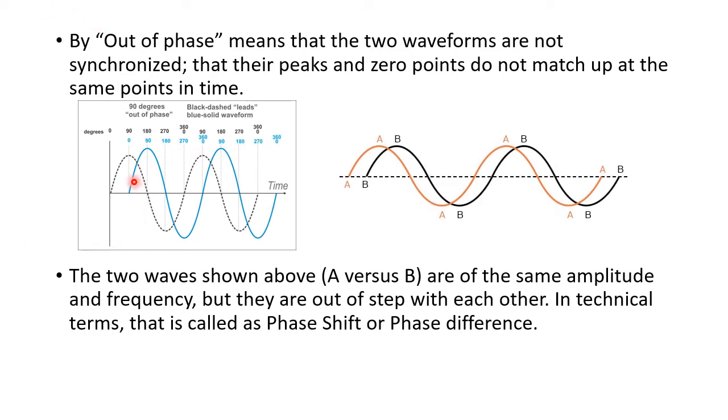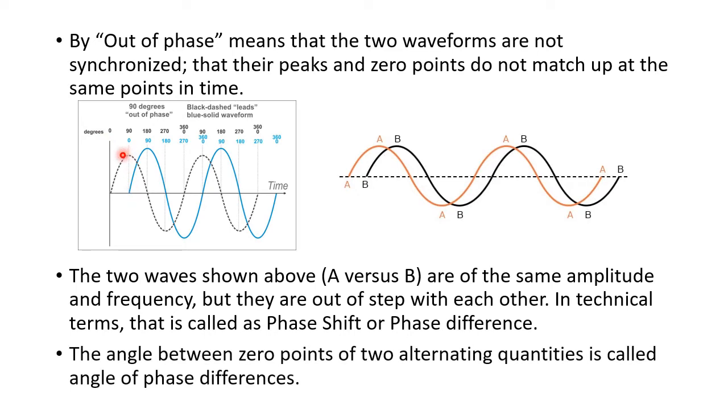So here there are two different waves. First let's look at this one. Here this dotted line indicates one type of wave, and another type of wave is drawn by this blue line. You can see this dotted line wave reaches its minimum, 0 point, at this instant, 0 degree angle, and it reaches its maximum value at 90 degree angle.